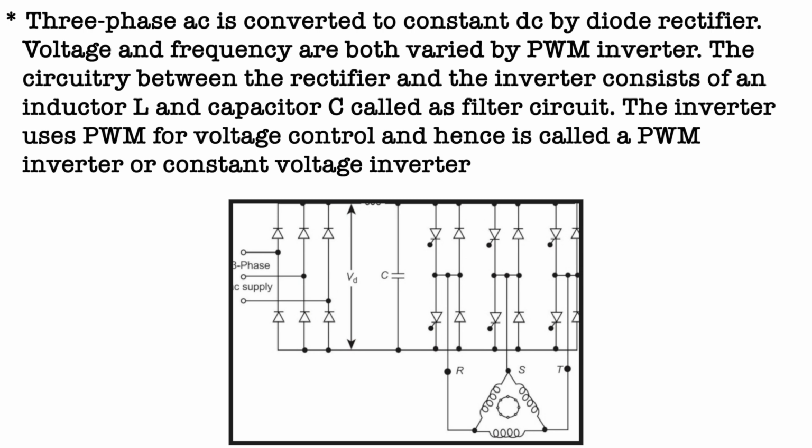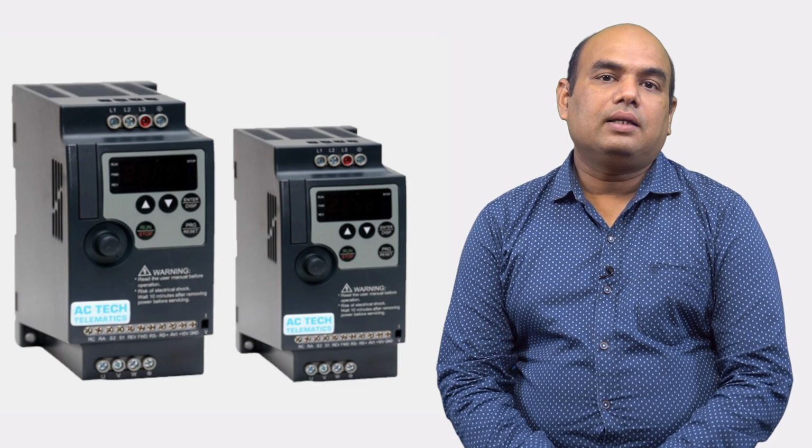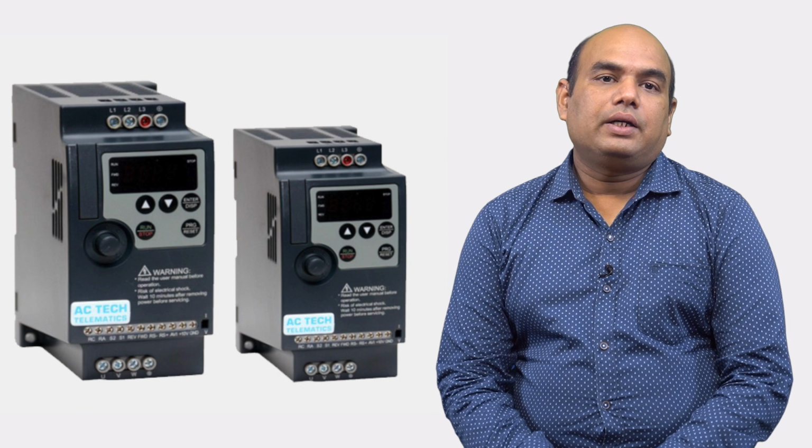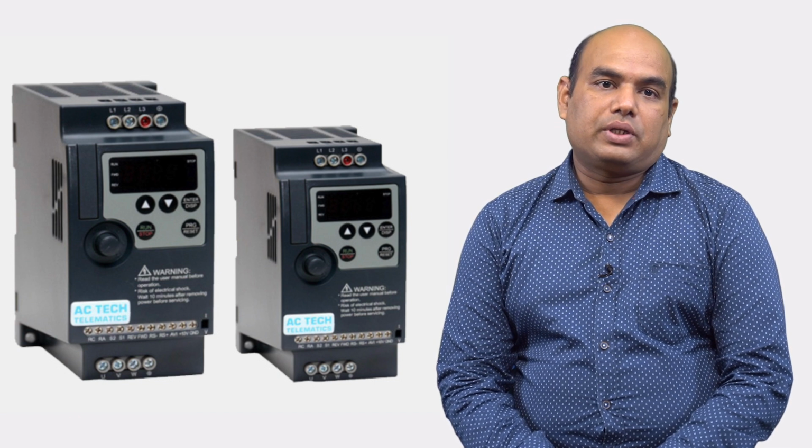The circuitry between the rectifier and the inverter, consisting of inductor L and capacitor C, is called the filter circuit. The inverter uses PWM for voltage control and hence is called a PWM inverter or constant voltage inverter. The inductance in the DC link smoothens the current while the capacitor maintains voltage constant.